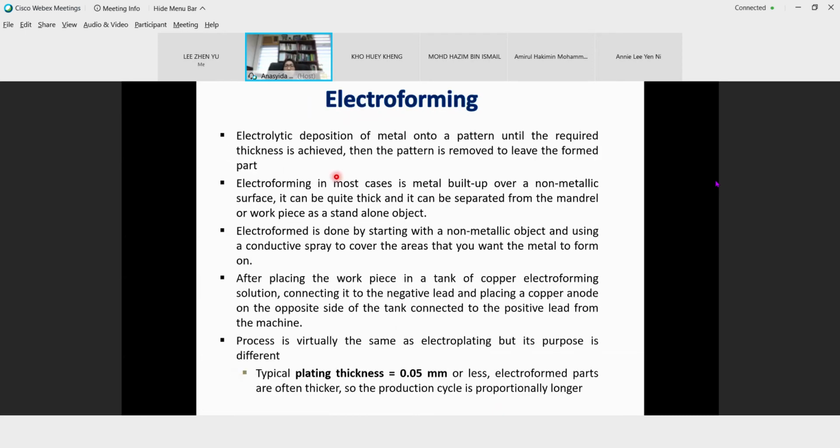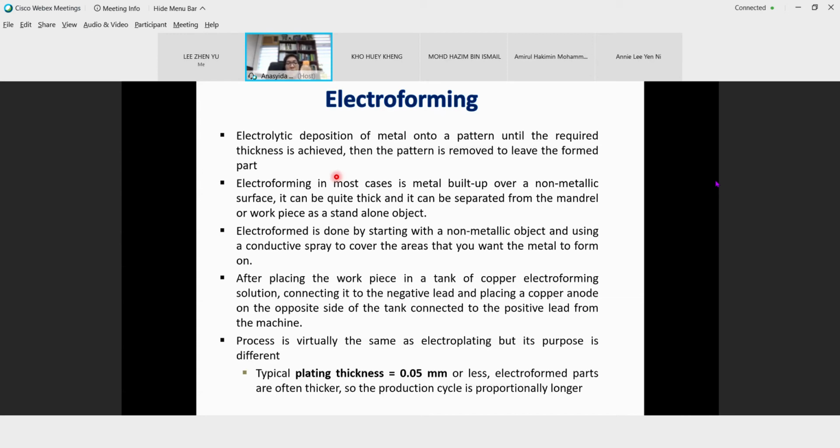Okay, electroforming. Electroforming is the same as electroplating. The concept is the same, except it is used for, let's say for example, this is the shape of your part, right? So this is a plastic, right? If you want to coat the metal on plastic, definitely you can.